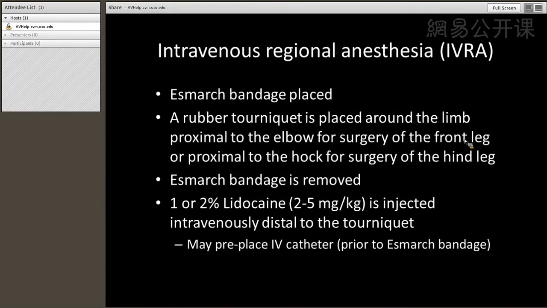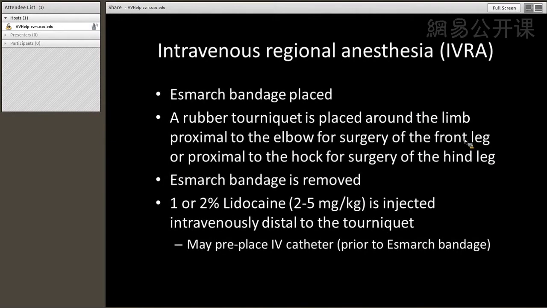You can only use lidocaine for this block. What happens is you inject into a vessel, and the lidocaine spreads out of the vessel itself. When you inject it in, you think you're blowing the vessel, but you're not. Veins are really distensible. You inject this lidocaine into the vessel, and it gradually leaches out into the surrounding tissue.